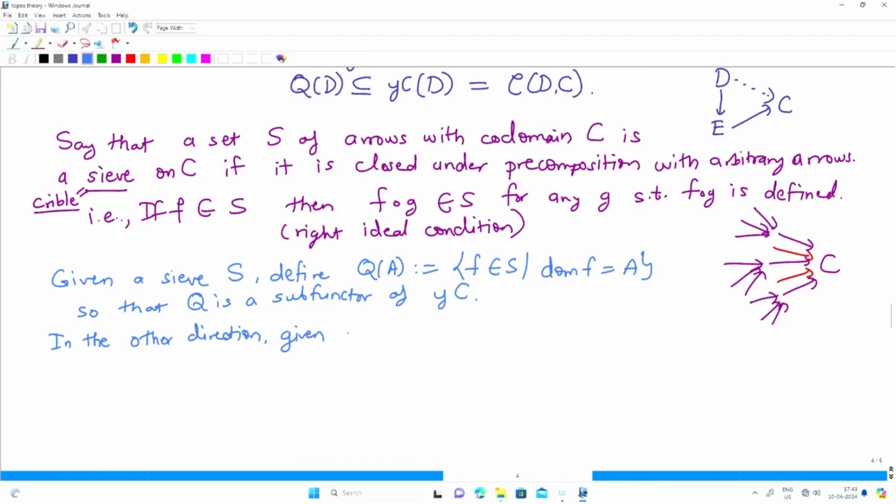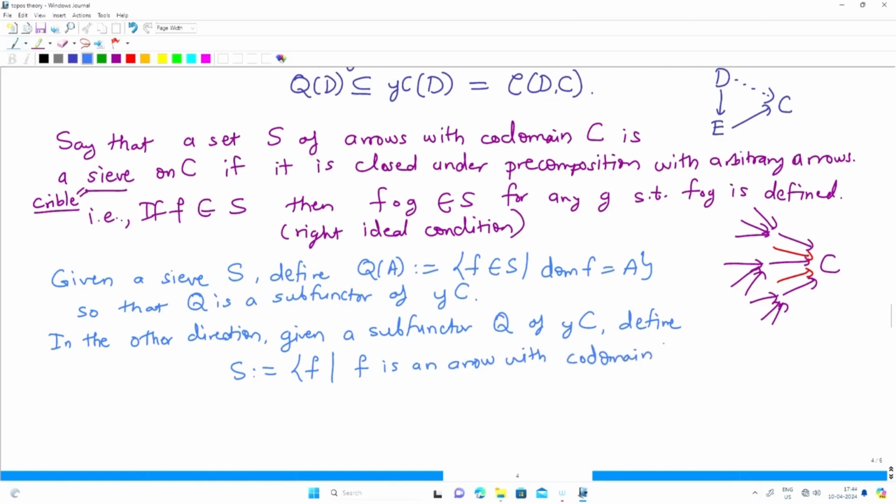given a subfunctor Q of YC, define S to be the collection of all those arrows F such that F is an arrow with codomain C, and F belongs to Q of its domain.